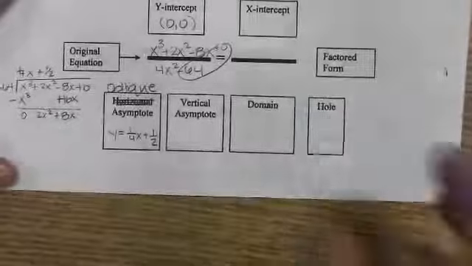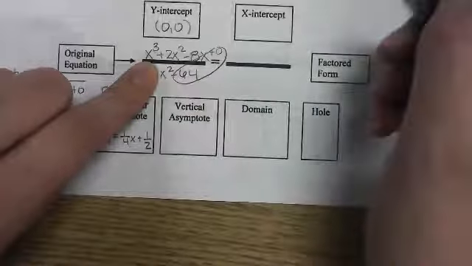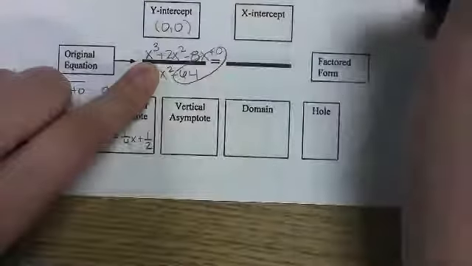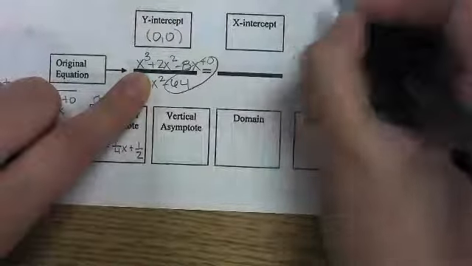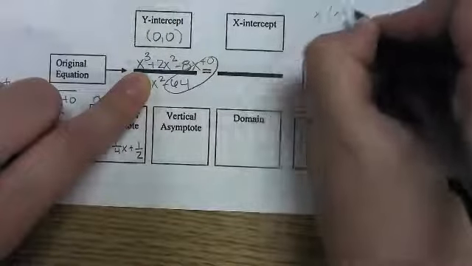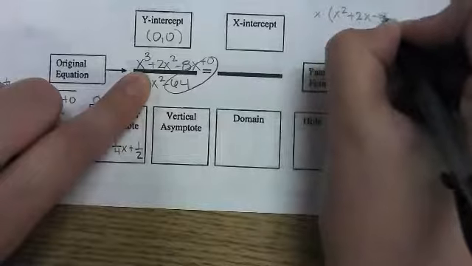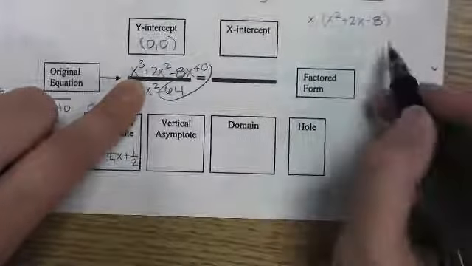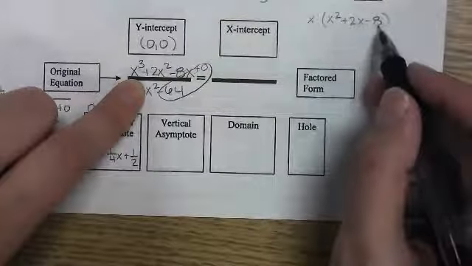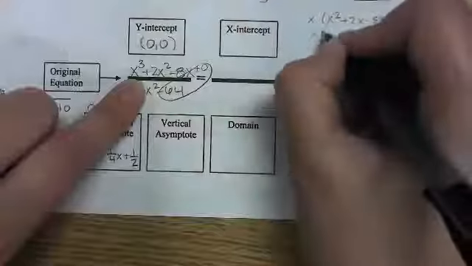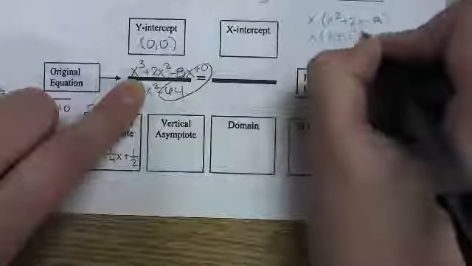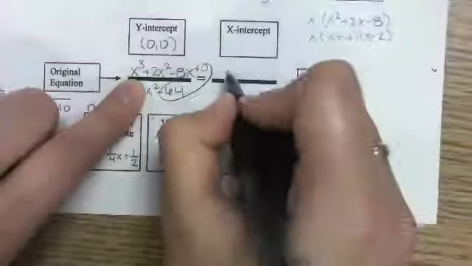Okay, now we're going to go ahead and factor this. So on the top, I'm going to go ahead and factor it off to the side. So on the top I have a GCF of x, so I'll write my leftovers. And then I know I'm looking for two things that multiply to -8 and add 2. And so it'd be x plus 4 and x minus 2.